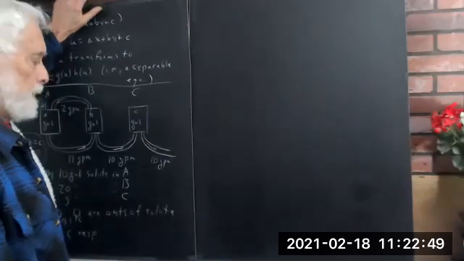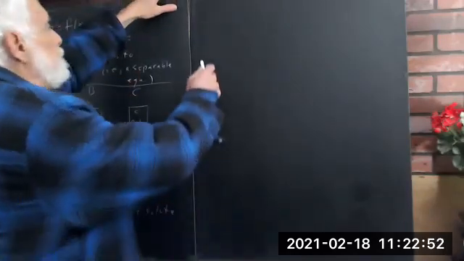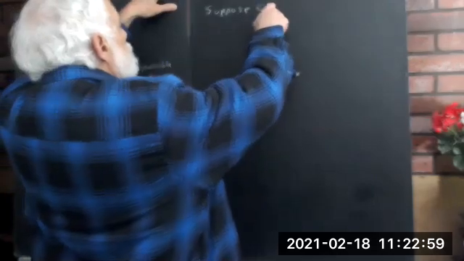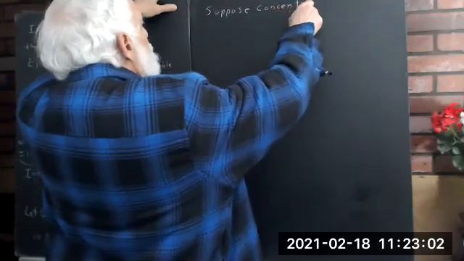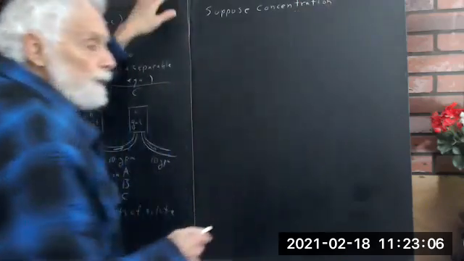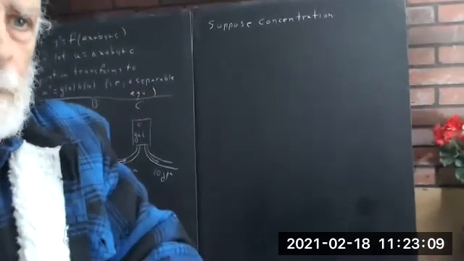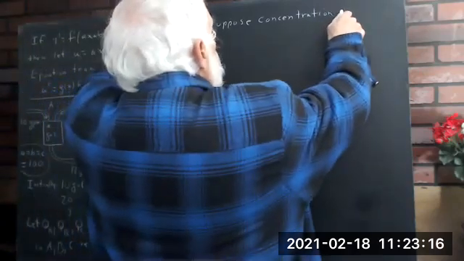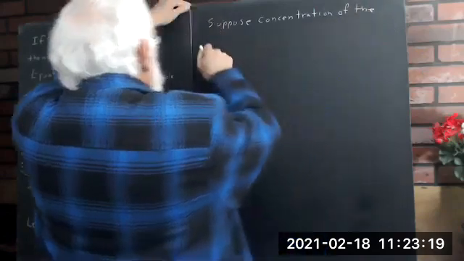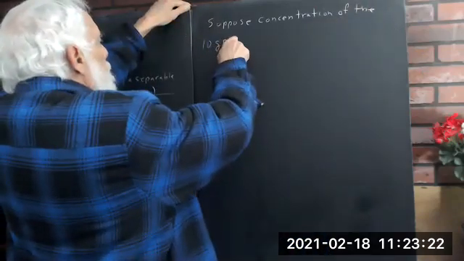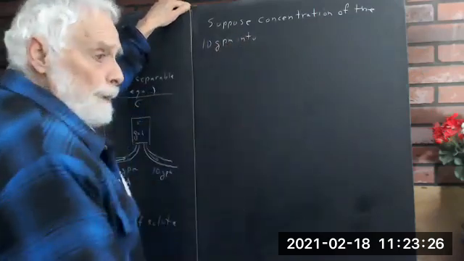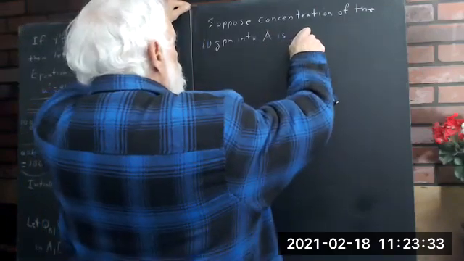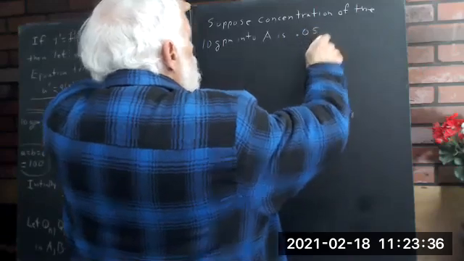Now, to these conditions, I'm going to add, suppose the concentration of a 10 gallon per minute solution coming into A is 0.05.